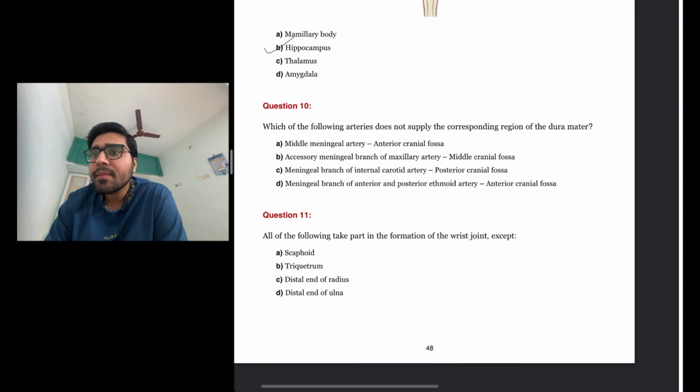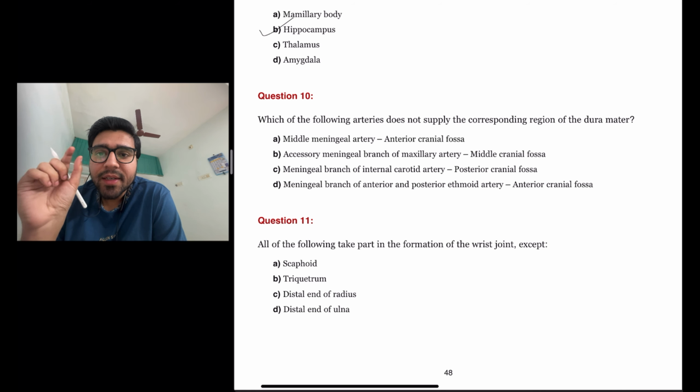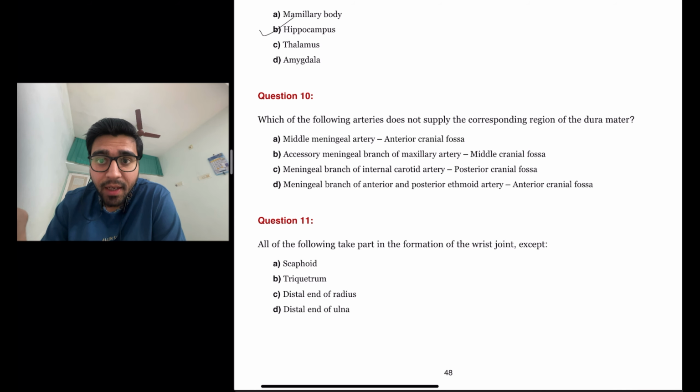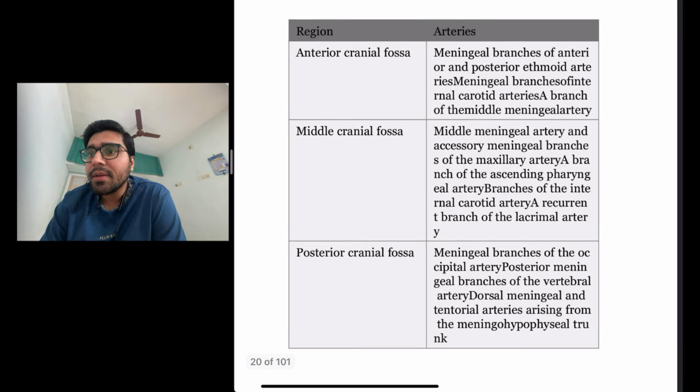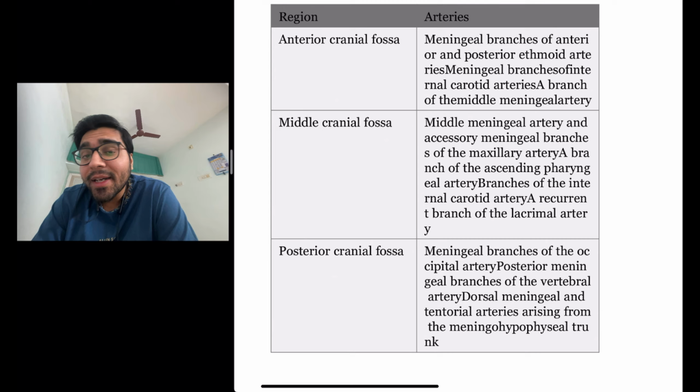Which of the following arteries does not supply the corresponding region of the dura mater? This kind of question you can answer easily from the arterial supply of different cranial fossae. So you have to remember one more table to answer this kind of question. The first is the anterior cranial fossa.